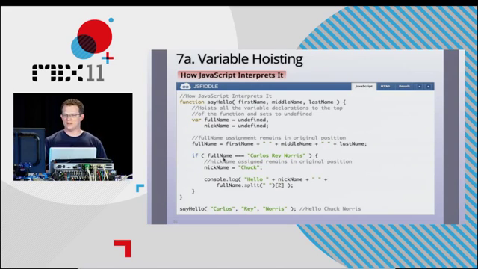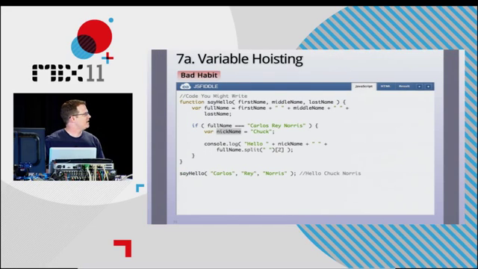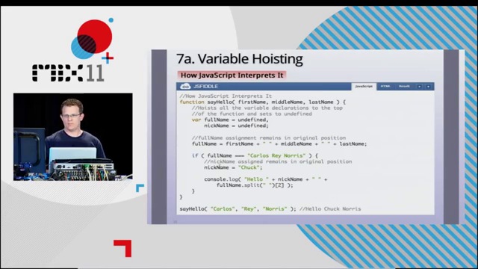So what really happened is before, when we had var nickname Chuck, JavaScript behind the scenes saw nickname being defined here and hoisted it all the way to the top of the function and set it to undefined. It does that behind the scenes, and it keeps the assignment where it was, which is in the if statement, but it actually declares it higher up. So even if you don't declare your variables at the top, it's going to do it anyway. And so this code actually works if I coded it this way or the other way.